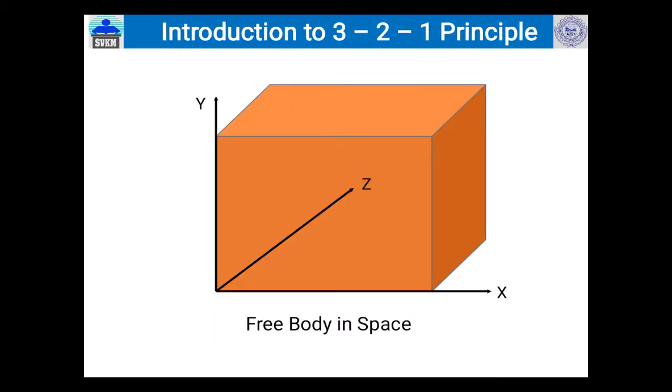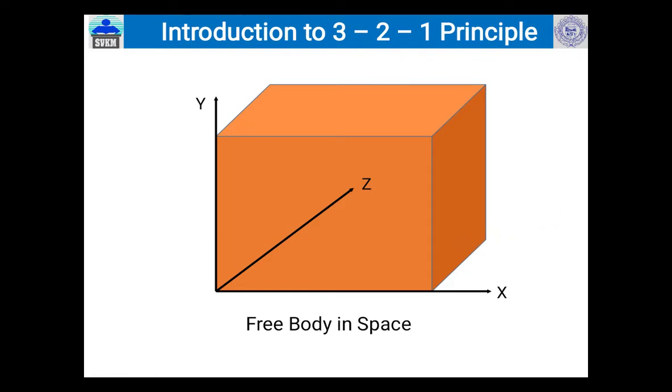So, to design a jig and a fixture, the basic principle required is the 3-2-1 principle. Now, assume that a free body is kept in space along the three axes, that is x, y, z.